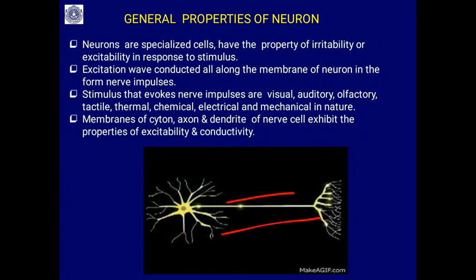So the membranes of the cyton, axon and dendrites of the nerve cells exhibit the property of excitability, responding to a stimulus. The response does not remain in the cell; it is communicated all along the cell to the next neuron or to the muscles through the axon and axon end.